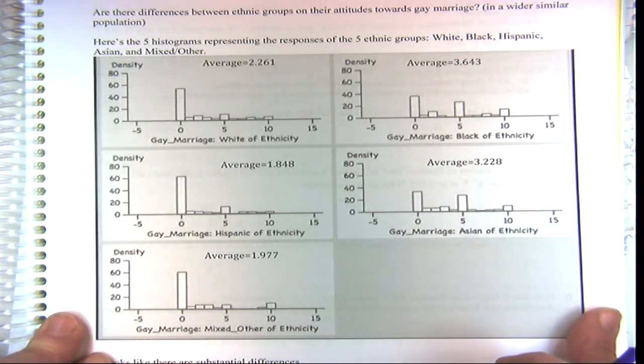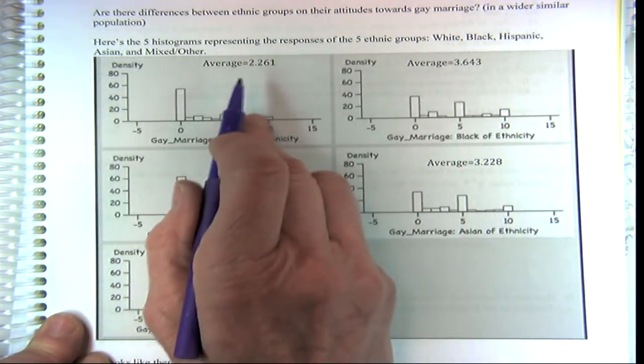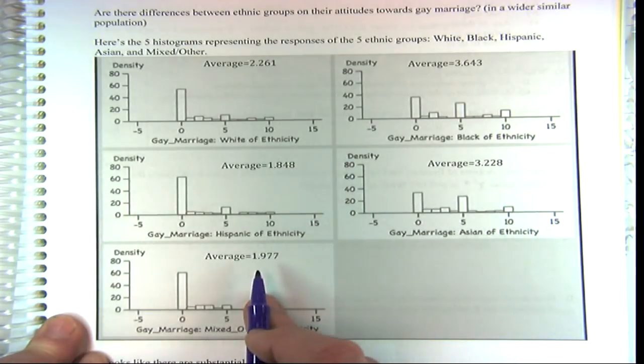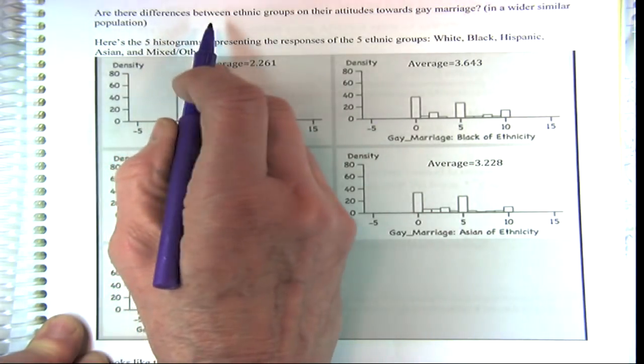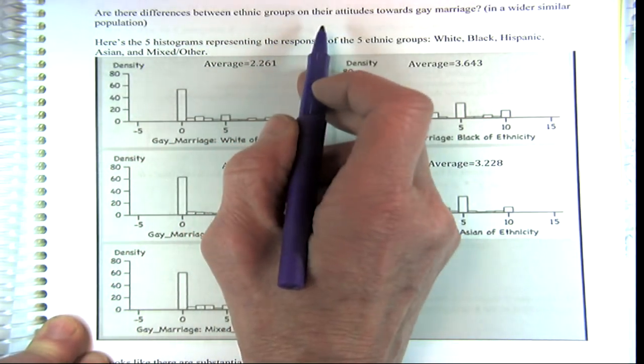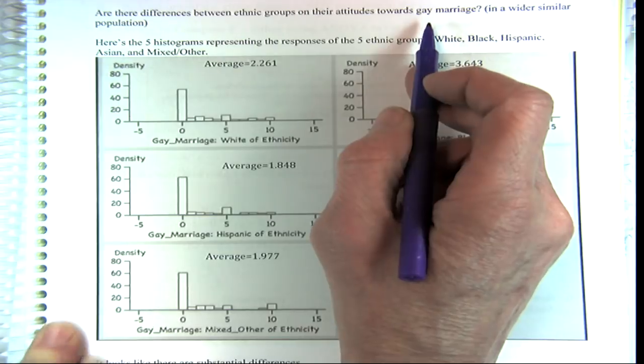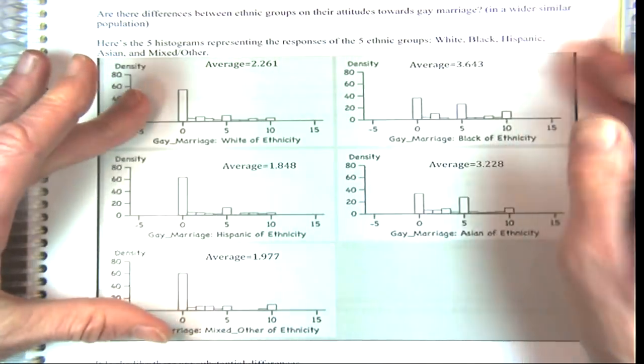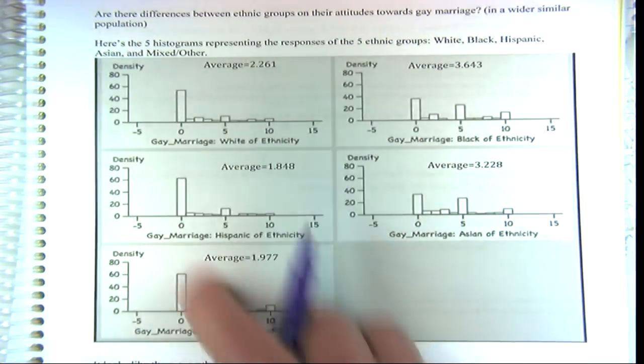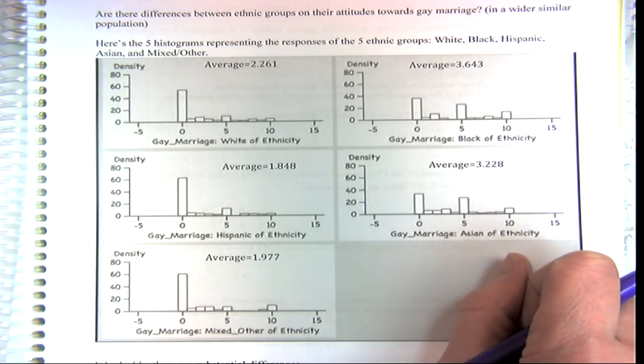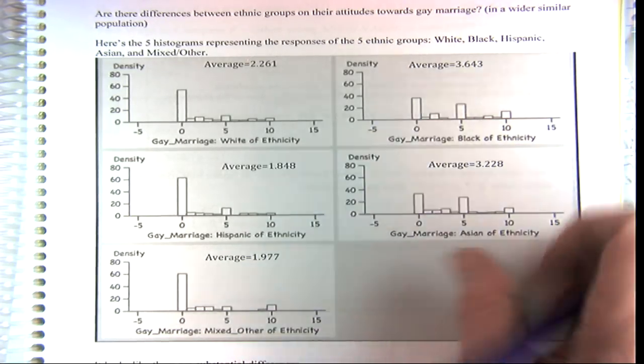And so now we look at these averages here, and the question is, are there differences between ethnic groups? Are these differences significant, or are they just due to random variation? There are 2 different ways to think of it, and we'll look at both.